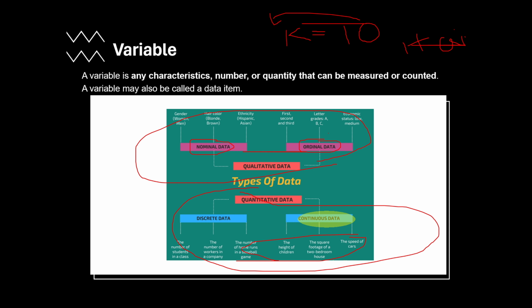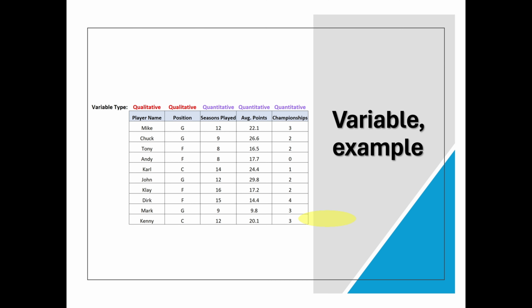Now let's discuss this more in detail with examples. So when we talk about qualitative data, in this we have a variable, for example, variable type. So qualitative, quantitative, quantitative, quantitative, quantitative. Now, player name, this is all qualitative.